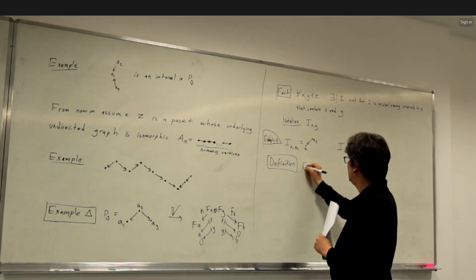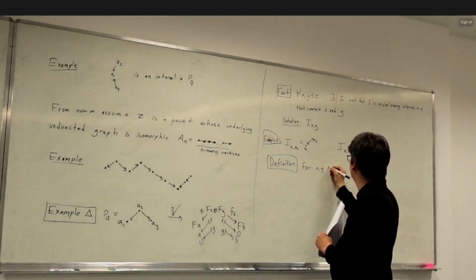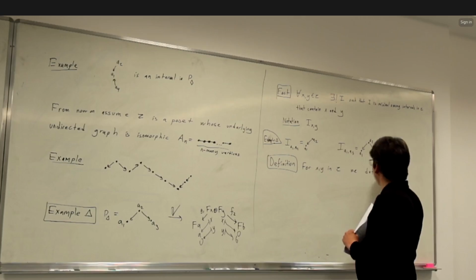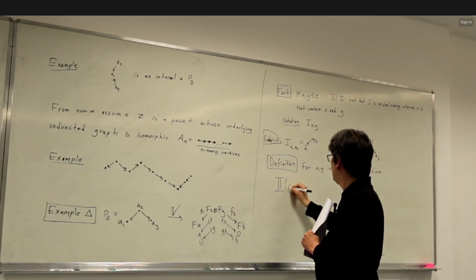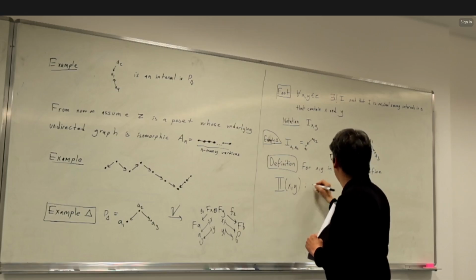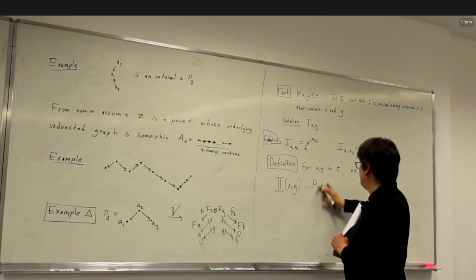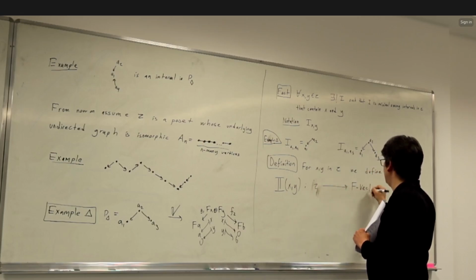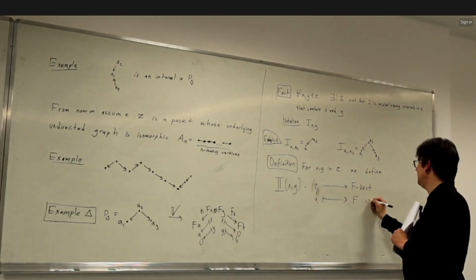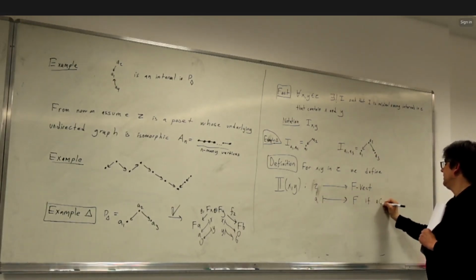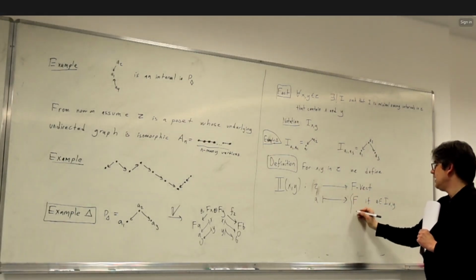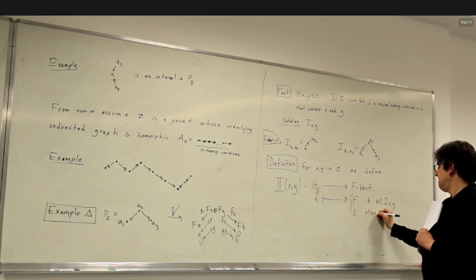For x, y in tau, we define the module I_{x,y} from tau to f-vect by sending A to f if A is in the interval, this unique interval that connects x, y, and 0 otherwise.